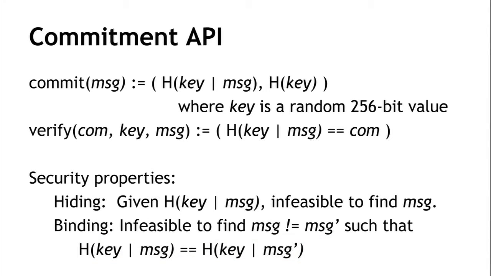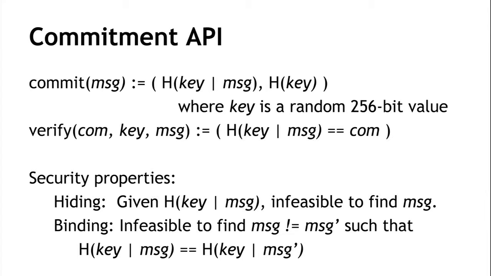Key was chosen as a random 256-bit value, and therefore the hiding property says that if we take the message and we put before it something that was chosen from a very spread out distribution, like I said, a random 256-bit value, then it's infeasible to find the message. So this is exactly the hiding property. And this one down here turns out to be exactly the collision-free property.